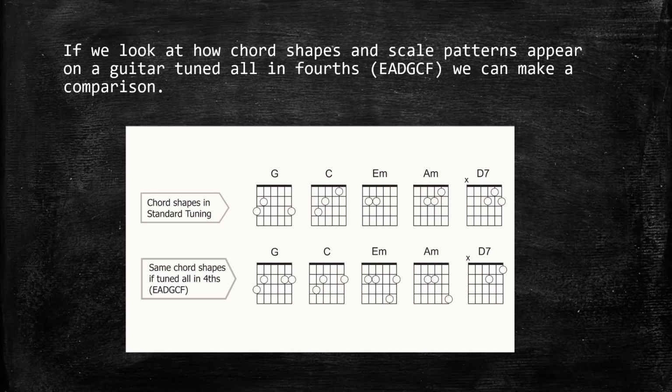If we look at how chord shapes and scale patterns appear on a guitar tuned all in fourths, that would be E, A, D, G, C, F, we can make a comparison.